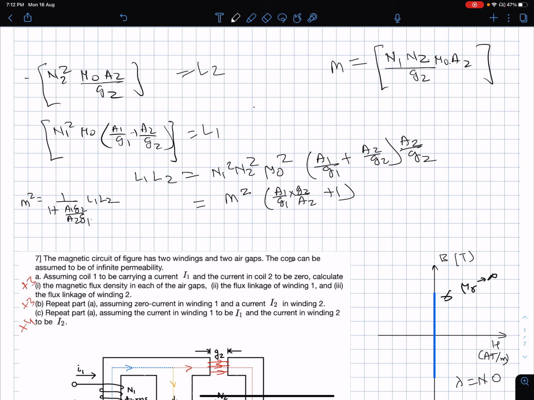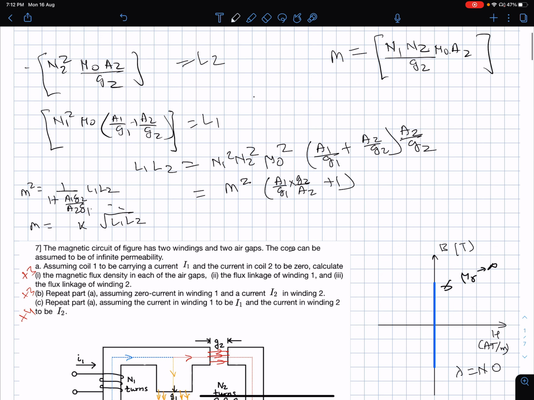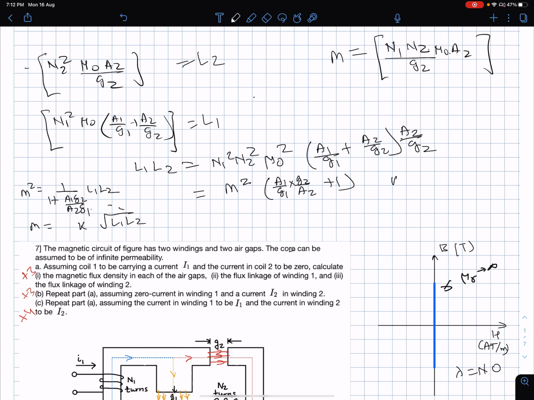Now you can very clearly see that this factor, let's call this factor k. So I can write M as k times the square root of L1 L2. Then the k factor is going to be the square root of 1 by 1 plus A1 G2 by A2 G1.